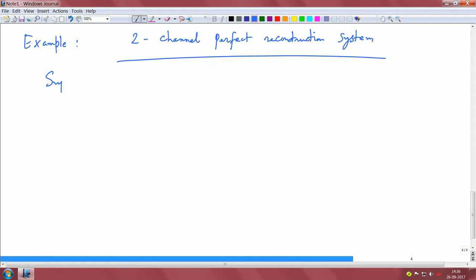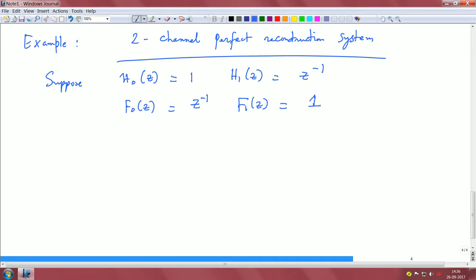So, suppose we have the analysis filters as follows: H naught of z is 1, absolutely no filtering, just a gain. H1 of z is a unit delay, F naught of z is a delay, F1 of z is just a unit gain. Okay.